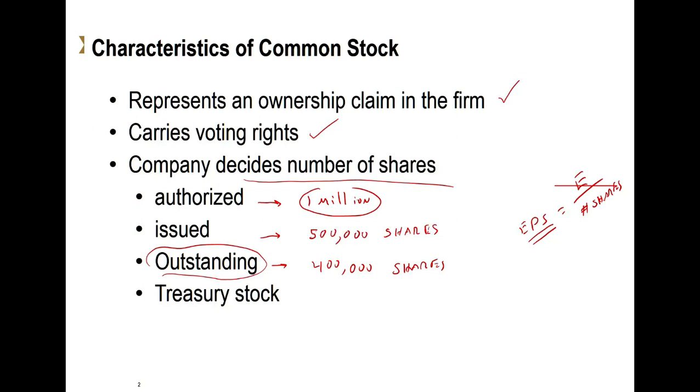How can this be? Well, the thing is that companies also have the right to buy back their own shares from the market. And this is a frequent situation, for example, where a company decides or believes that the market is currently undervaluing their shares. So suppose that I think that my shares should be worth $10 per share.